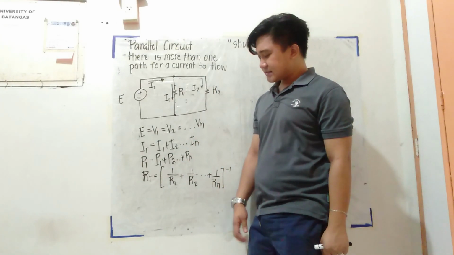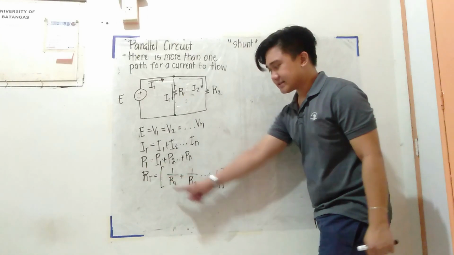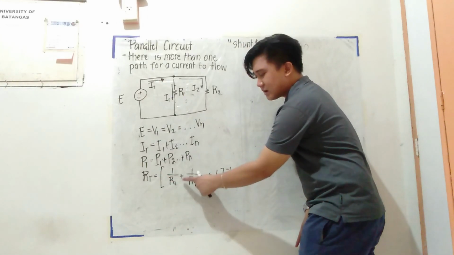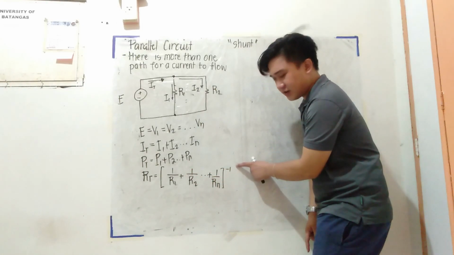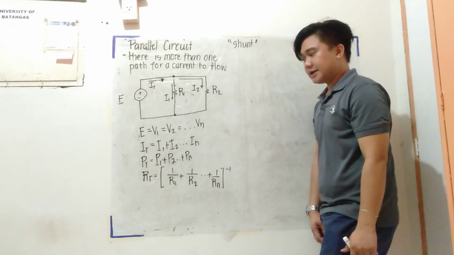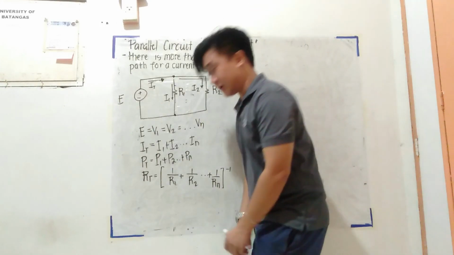With regards to resistance, doon na po maiiba yung formula natin because the total resistance is 1 over R1 plus 1 over R2 and so on, inverse. Okay? So, paano ang magiging formula natin kapag dalawa lang tayong resistor?